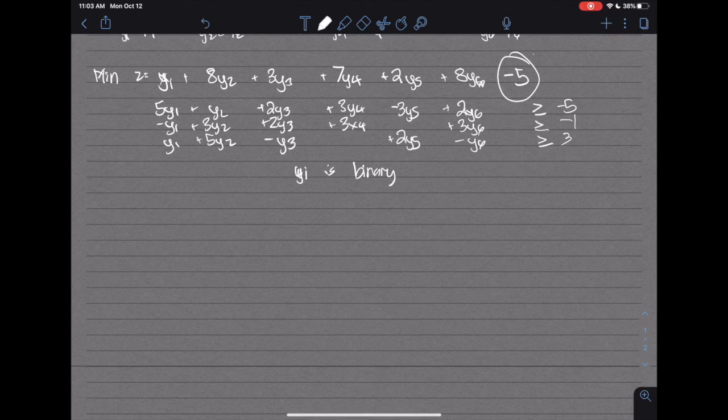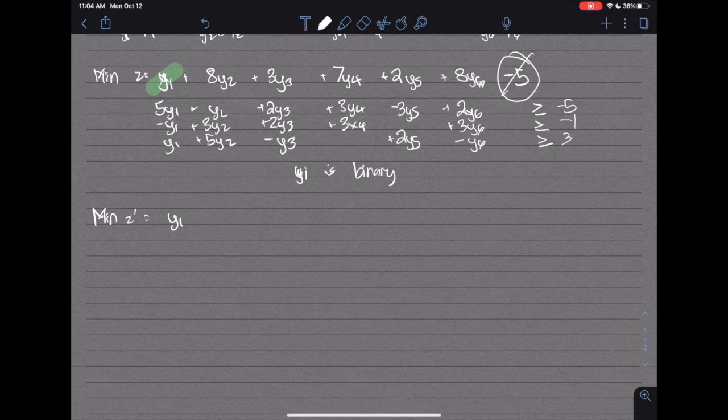So we can drop this for now, and let's rearrange your objective function. Great. So that's min. Smallest variable is y1. So we go z prime is equal to y1.